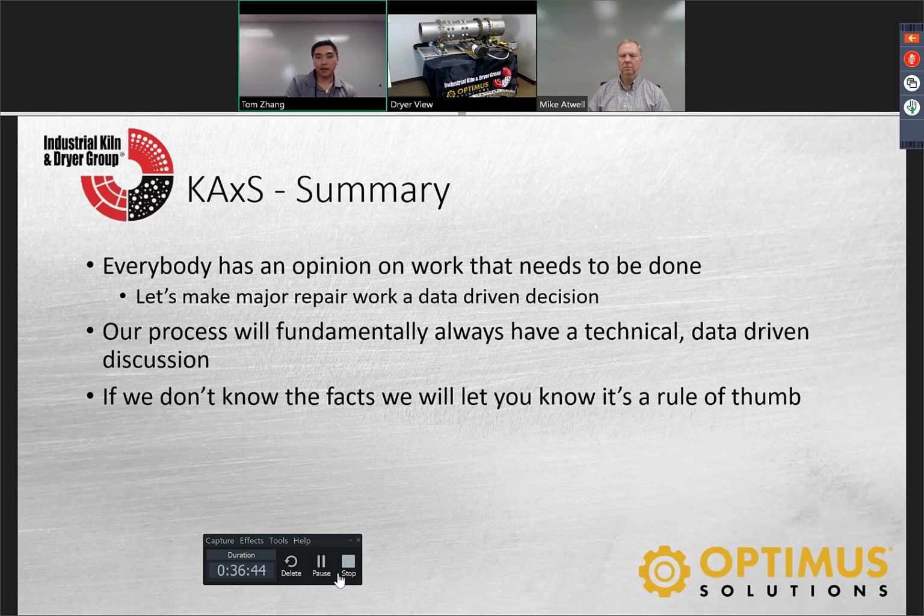Everyone has an opinion of what needs to be done on your units, and a lot of times it can get pretty frustrating because you get, quote, experts who tell you what needs to be done. The goal here, the thing that we strive to do, is how can we make data-driven decisions to help do the repair.